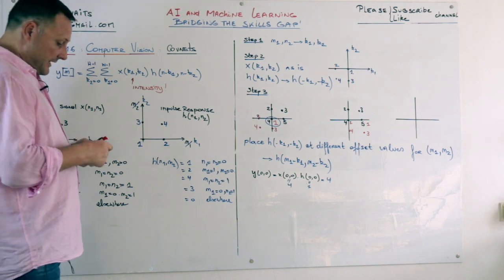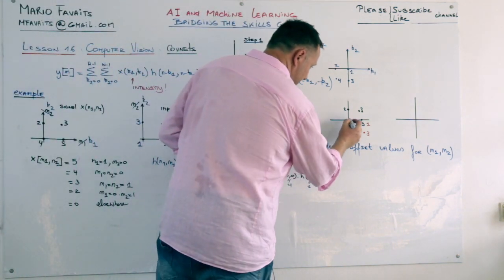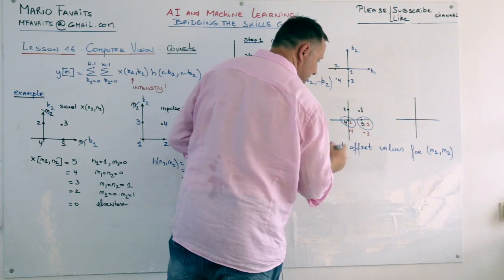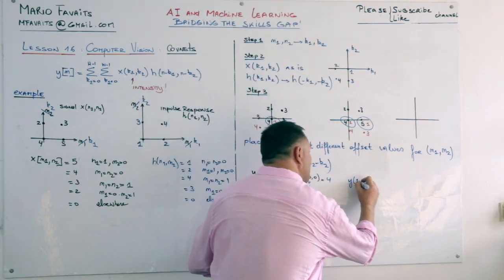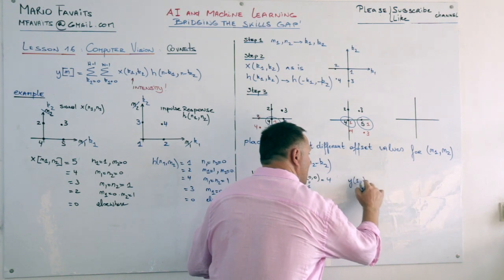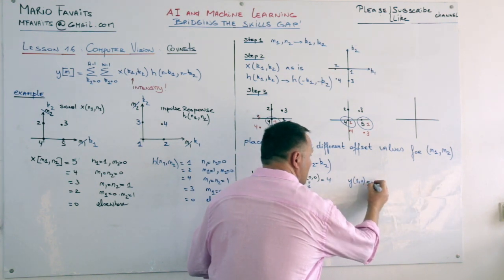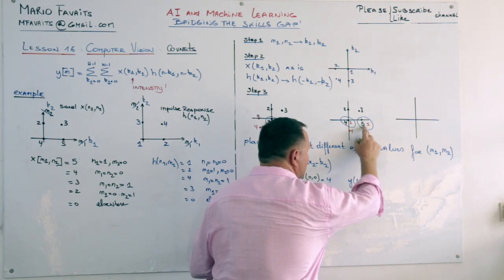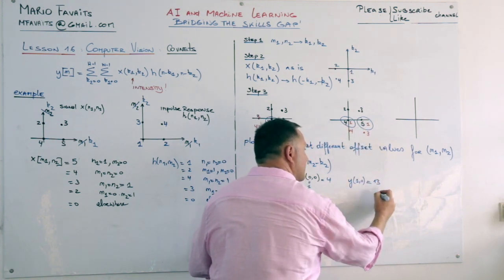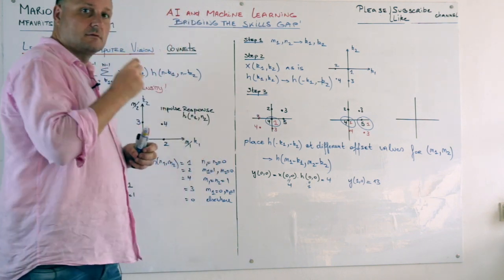Not so difficult to calculate because there's only overlap here and here. So y0,1 equals 8 plus 2 times 4 plus 5 times 1, which is 13.